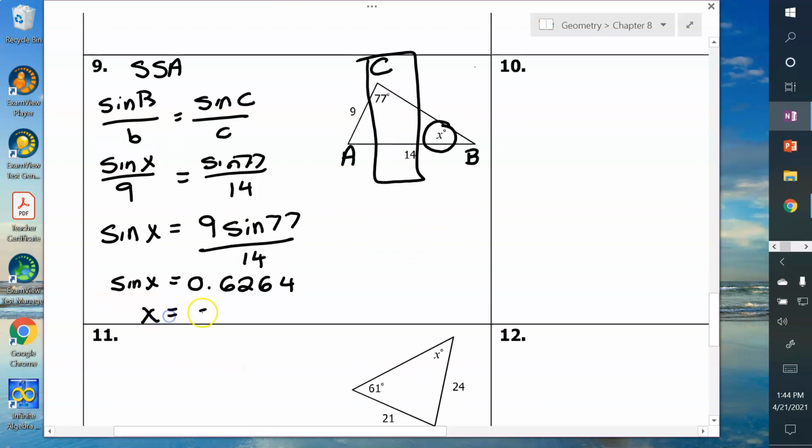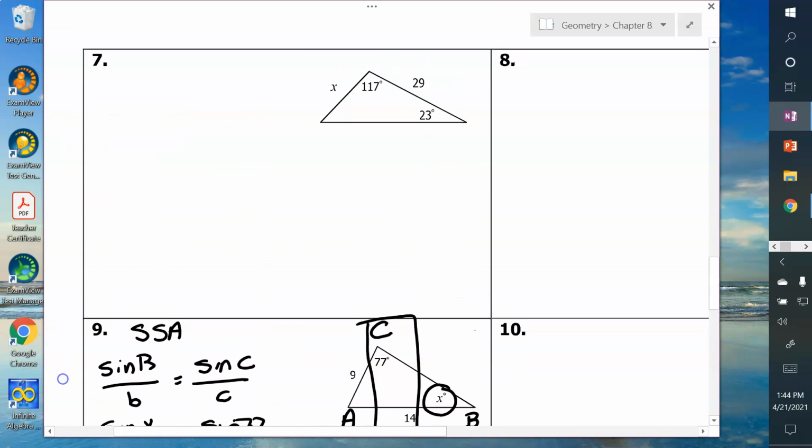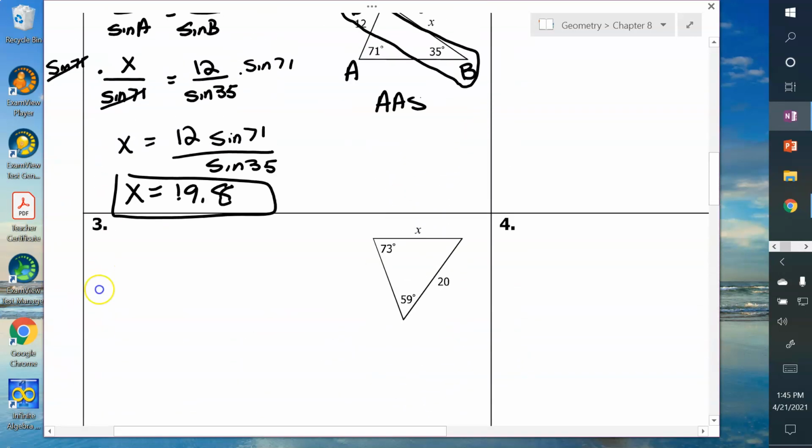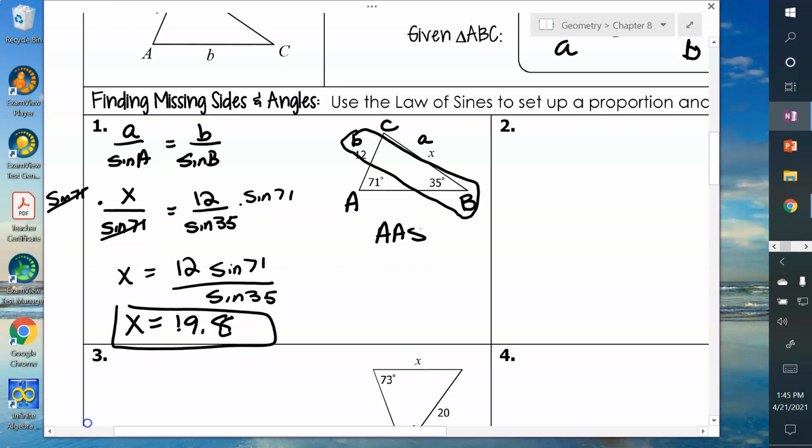So x is going to be the inverse sine of 0.6264. So x equals, I got 38.8 degrees. So let's see, so we did a side angle, we did an angle side.